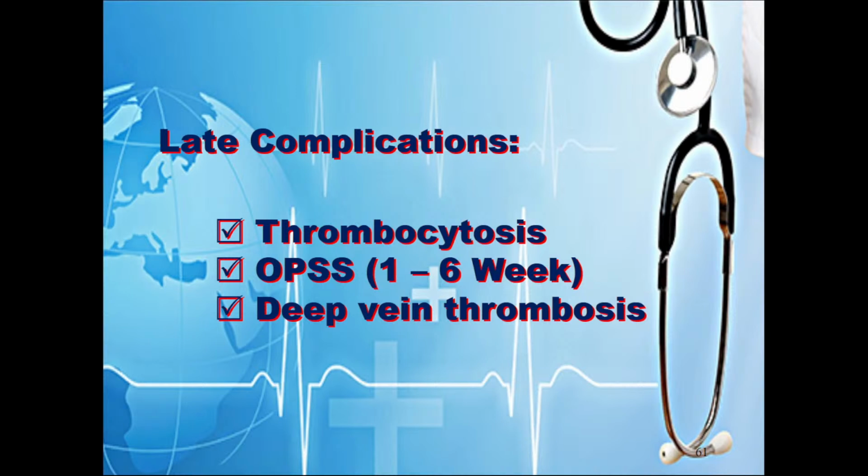Besides that, if we make a ligation of the splenic vein, or for example there was damage of the splenic vein, or maybe some hematoma formation along the splenic vein, and the blood outflow from the spleen was damaged for some period of time, or maybe we made some mistakes during the operation due to some severe injury of the retroperitoneal space, and we lost the vein, the splenic vein.